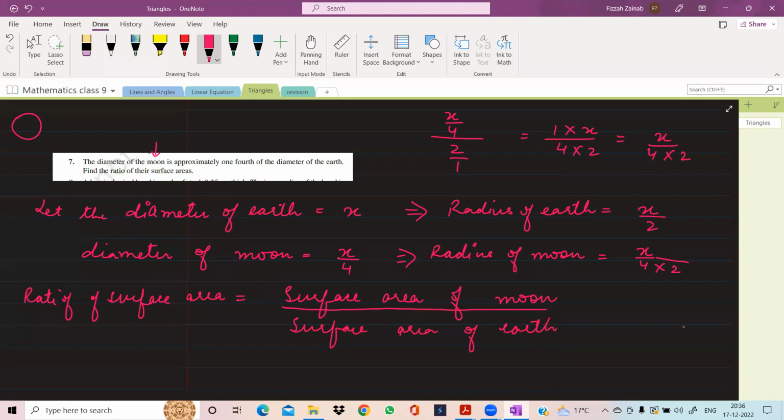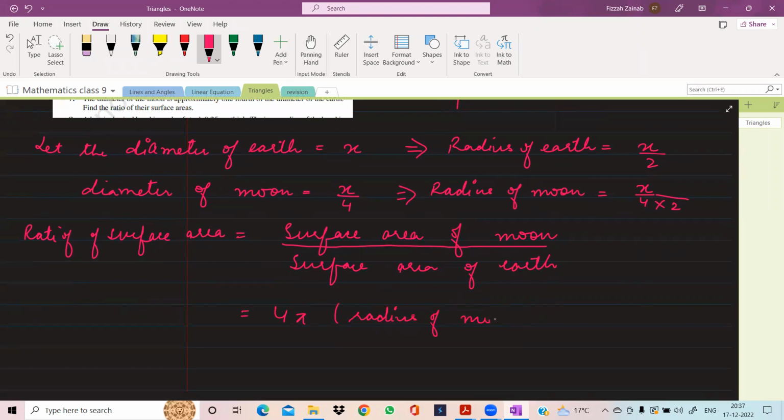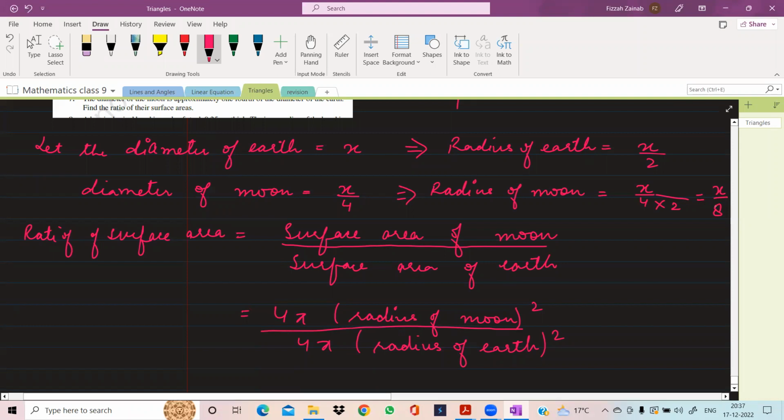Now what is the formula? 4 pi r square, right? So 4 pi r square. So here it will be radius of moon whole square divided by 4 pi, and here it will be radius of earth whole square. Understand? See, after multiplication you can also write this x upon 8 to make it simple, radius of moon, right? All right.